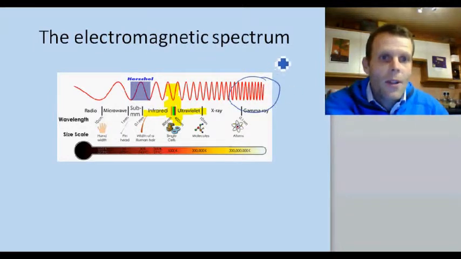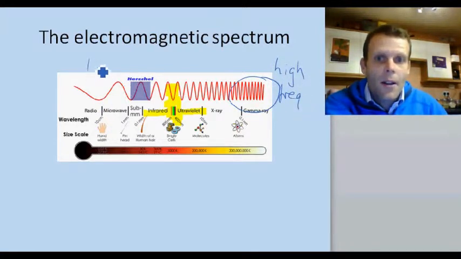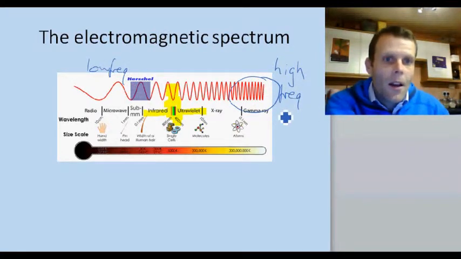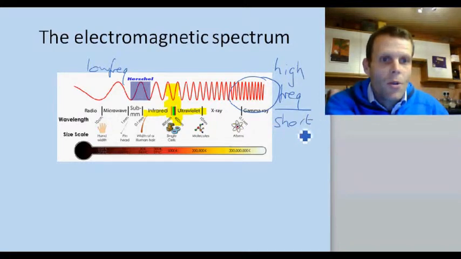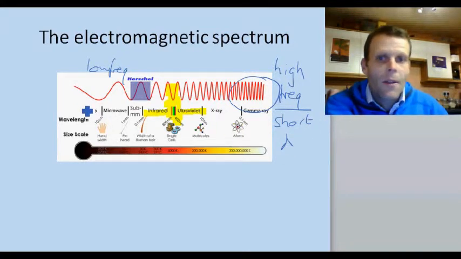At this end, you can see we've got many wave fronts together. This is a high frequency, this is a lower frequency, and a high frequency also corresponds to a short wavelength, whereas down here we've got a long wavelength.